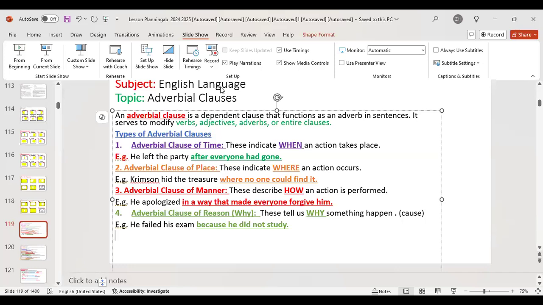I want you to tell me another adverbial clause. I have the adverbial clause of time, place, manner, reason, right? What is the next adverbial clause I could have? And I give you if. Possibility. Solution. Information. Prediction. Okay. Let me give you the sentence then.